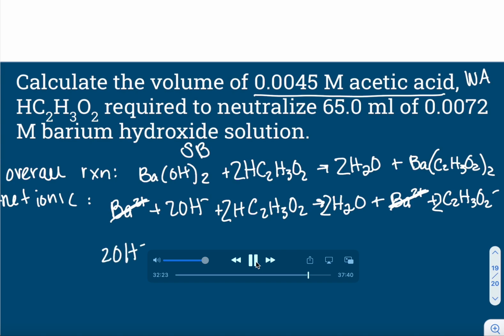So we have 2 OH minus plus 2 of the acetic acid gives us 2 H2O plus 2 of just the acetate. So our net ionic equation here does still look a little different, especially since we have barium hydroxide, because that adds some 2's in there.